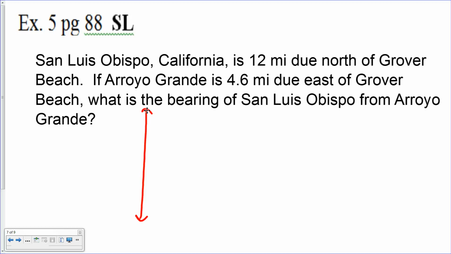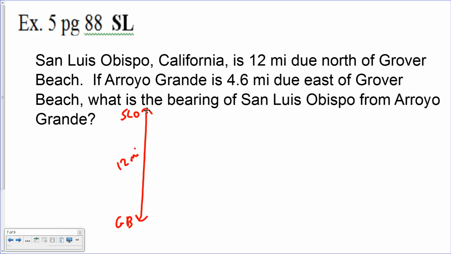and I'm going to draw this very carefully. It says, SLO is 12 miles due north of GB. That means I'm going to put SLO at the top and GB at the bottom, and I'm going to label it as 12 miles. I no longer have to look at the first sentence because I just drew it.